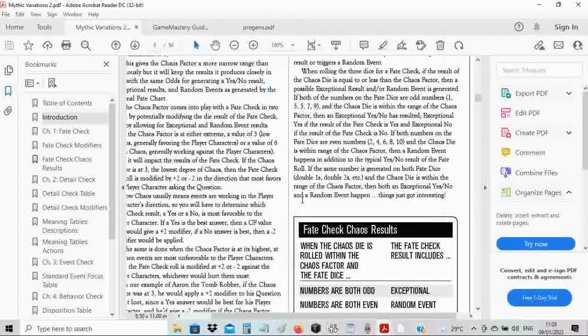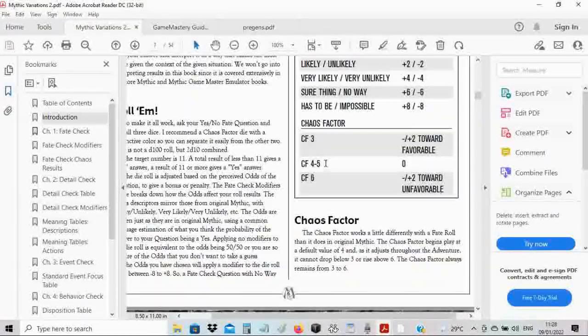D10, and this will adjust things a bit. Okay. Favorable, by the way, means it's favorable for the heroes. It's good. Unfavorable means it might be something bad. Let's say that things have been good, so it'll be towards favorable, so it's a +2.